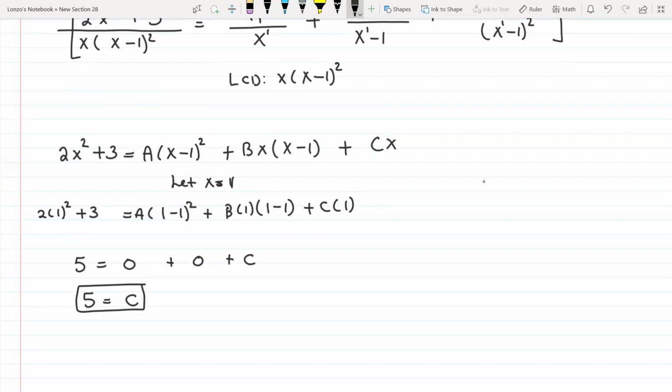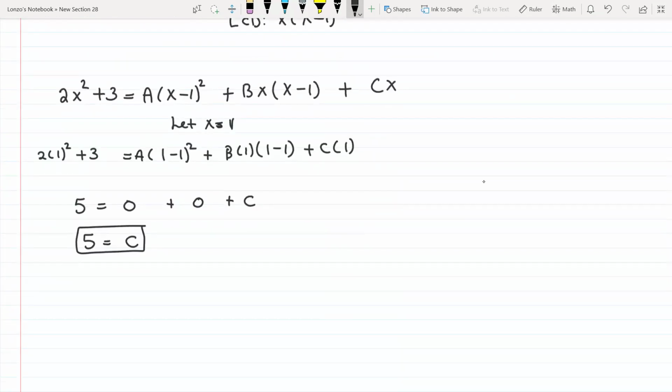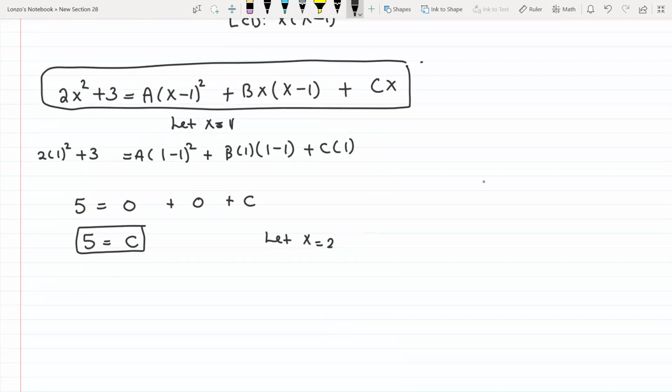Now what I'm going to do is plug in another x value. And what other x value should I use? Let's use 2. So let x equal 2. Put it back into here. So wherever you see x, plug in 2. So it's 2 times 2 squared plus 3. And then this is going to be A times (2 minus 1) squared, plus B times 2 times (2 minus 1), plus C, we said our C is 5, and our x is 2.